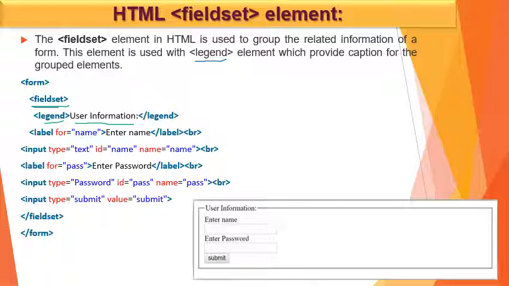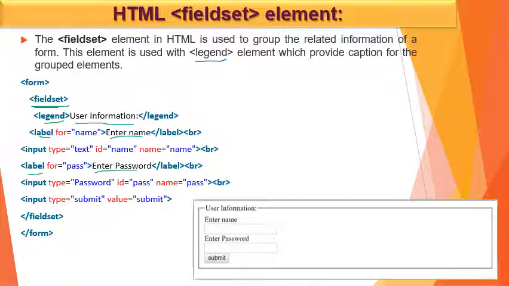So you can say it is an image of that particular legend. And next is a label. Two labels are given, that is enter name and enter password. Enter name and enter password are two different labels.